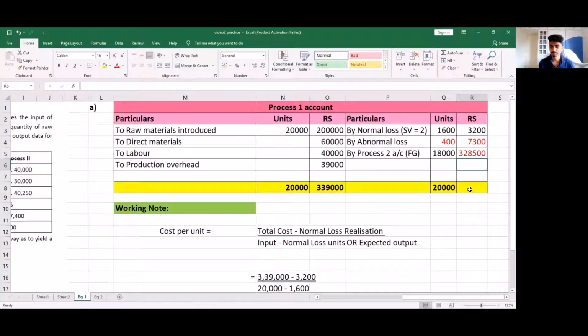Now let's sum this side and see if it tallies. When we do this, both the debit and the credit side have tallied. So this is our process 1 account. Now we have to go to process 2. We know that the output of process 1 is the input for process 2.